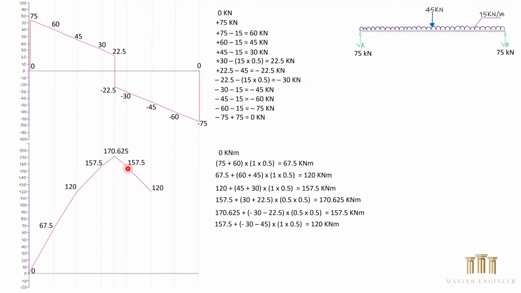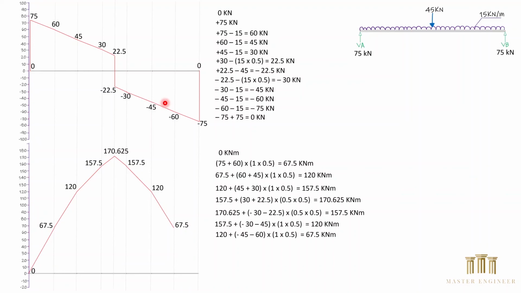Next, from the 120 plus minus 45 minus 60, multiplied by the distance 1 meter, multiplied by half of that, equals 67.5.